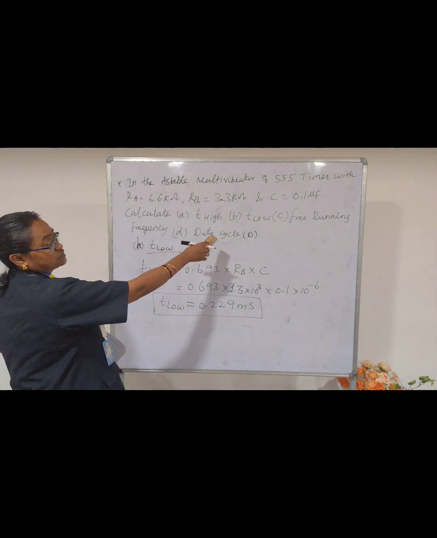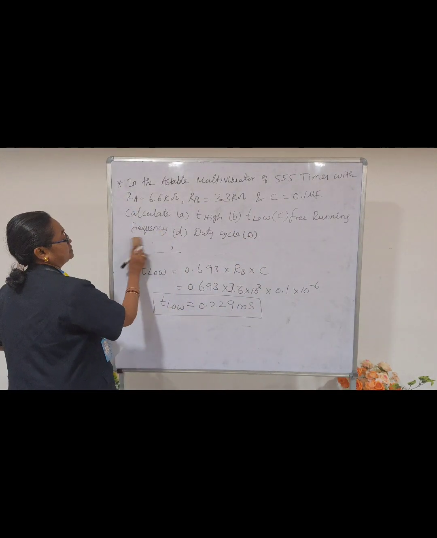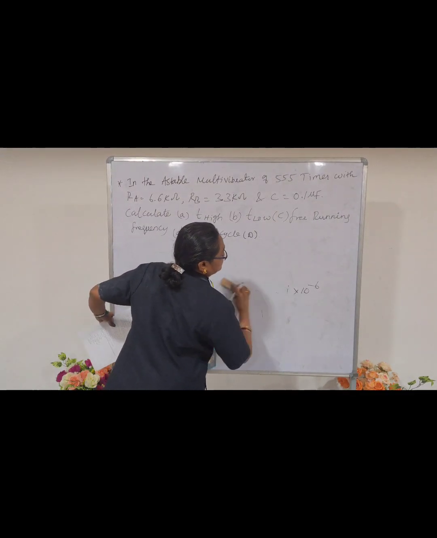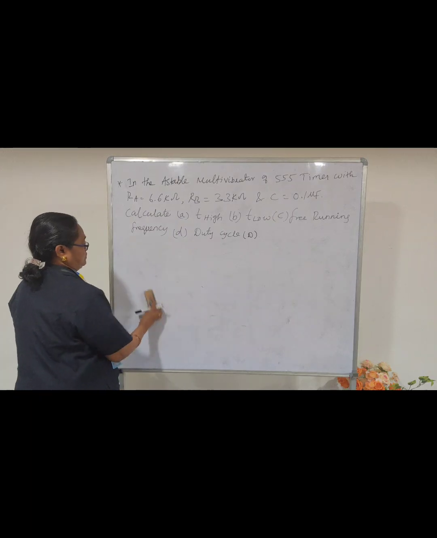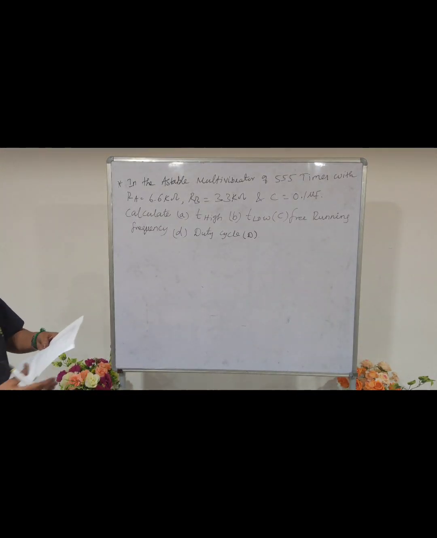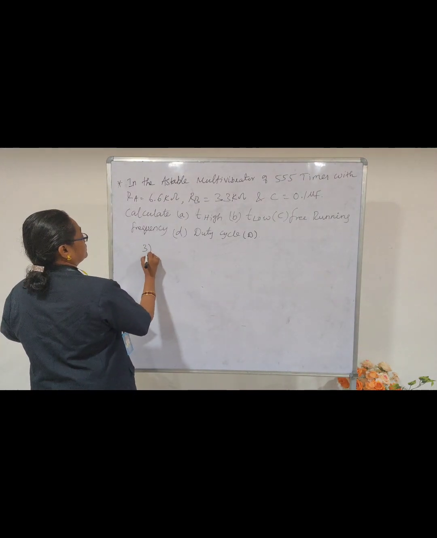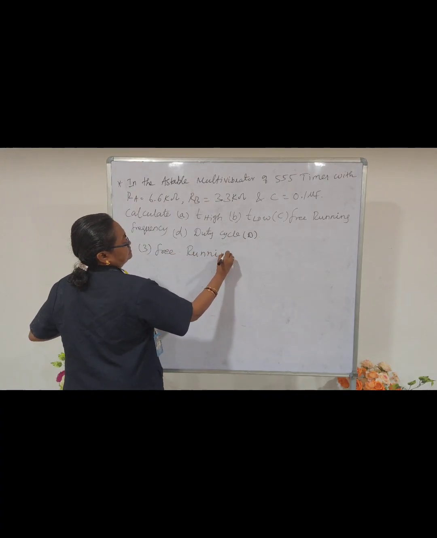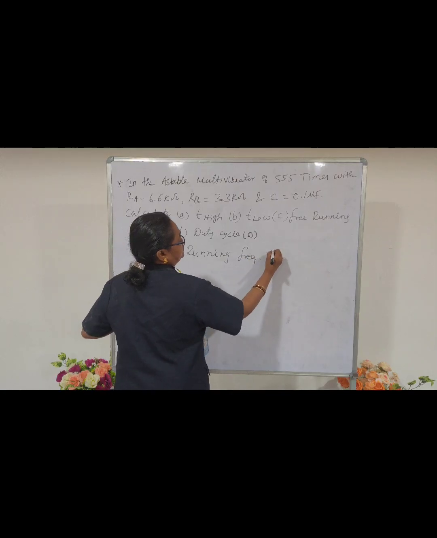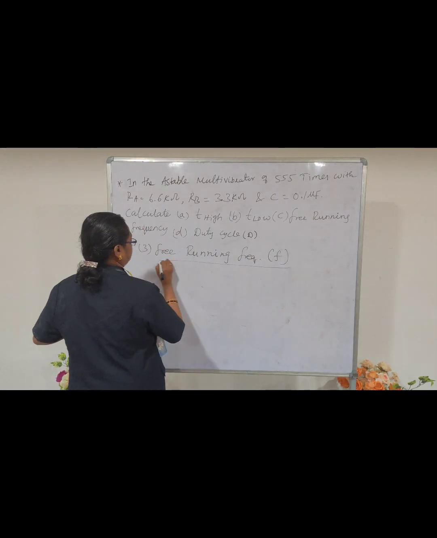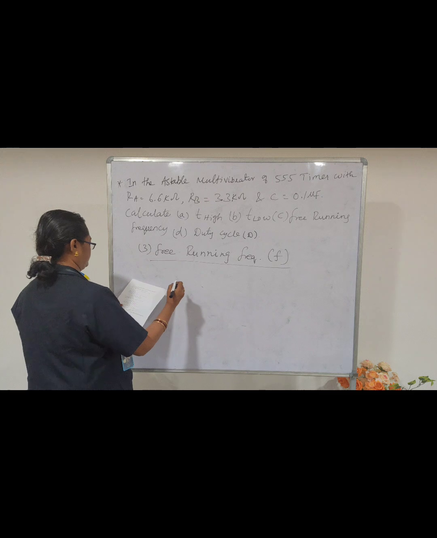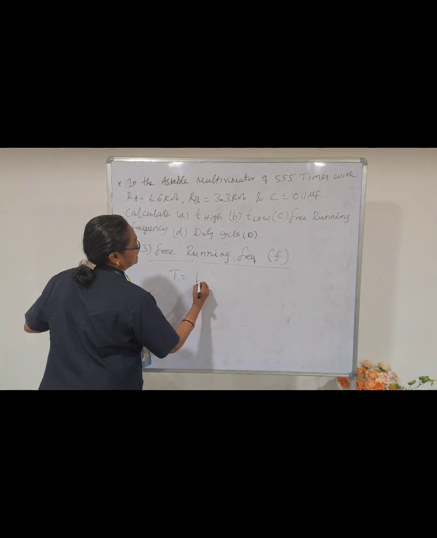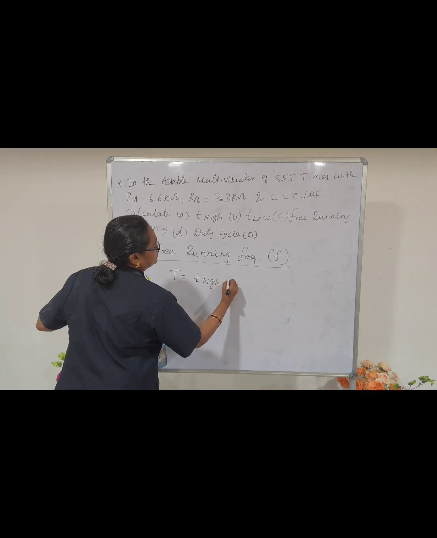Then third one, free running frequency. Now you have to calculate free running frequency F. We know T equal to T high plus T low.